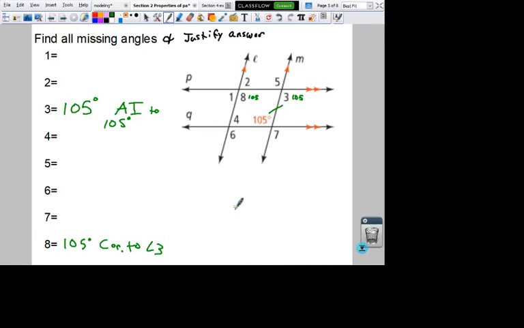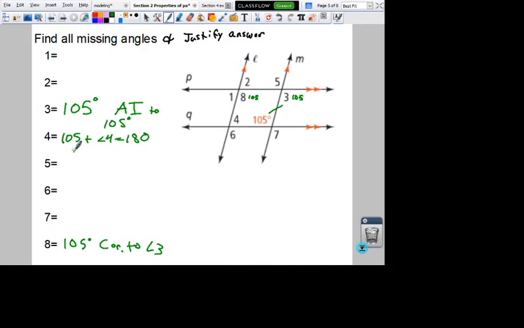Alright, so that means 105 plus angle 4 has to equal 180, right? How do we solve for angle 4? Yep, so minus 105 on both sides. What's 180 minus 105? 75.